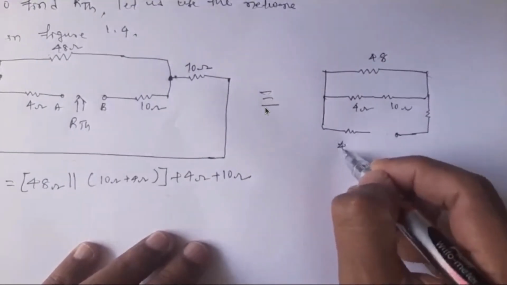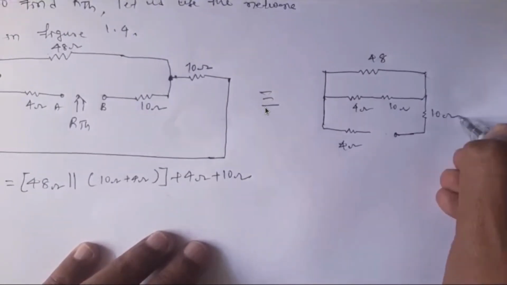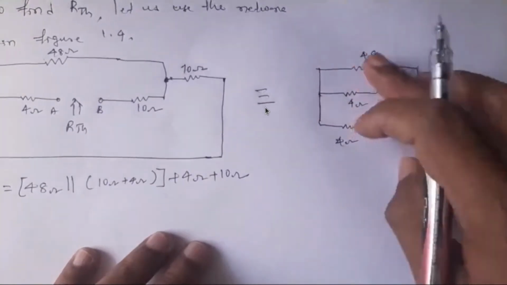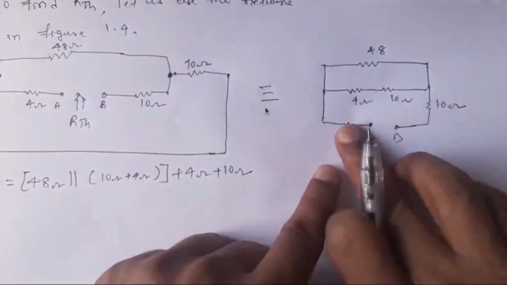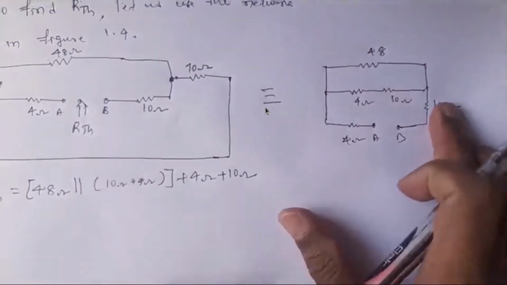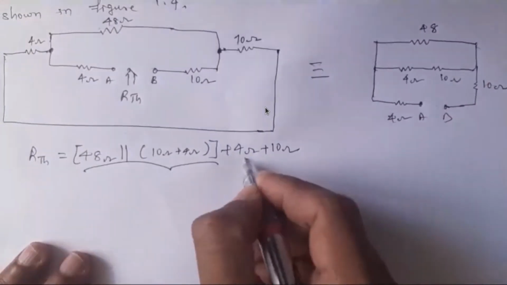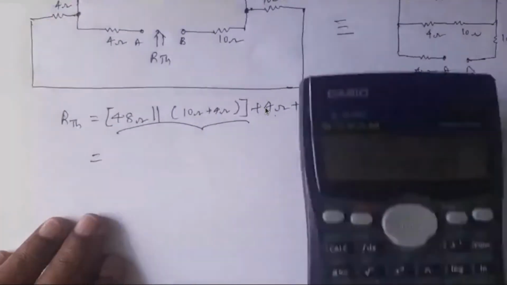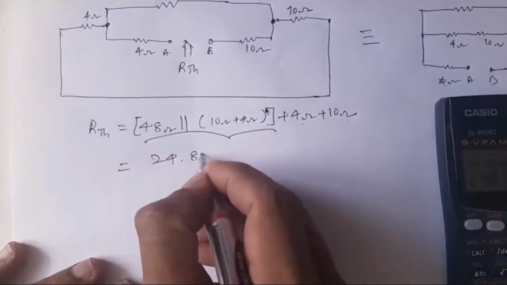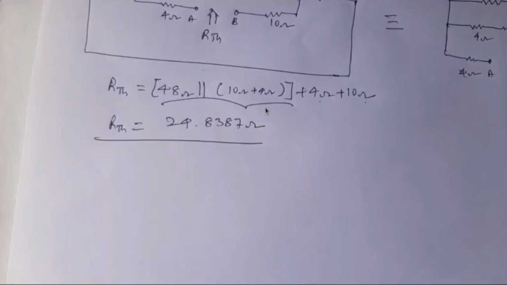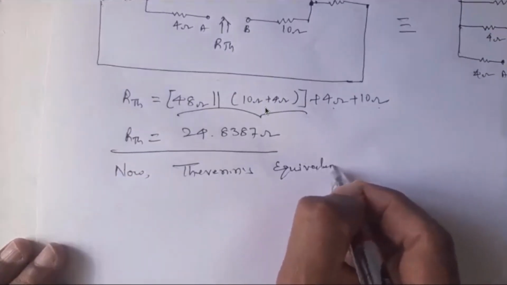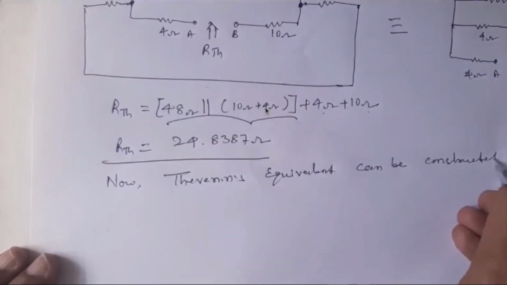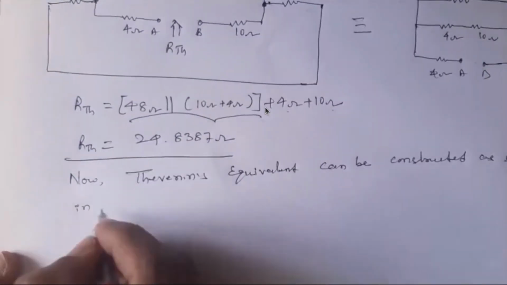Now these two can be replaced by only one resistance, and between these 2 points A and B, you will be having one resistance, two resistance and three resistance. If I calculate this, RTH is 24.8387 ohm.